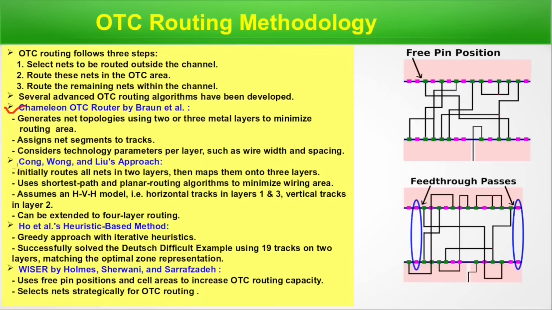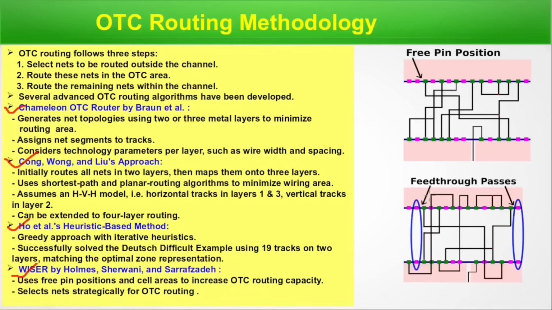It can be extended to 4-layer routing. Another is Ho et al.'s heuristic-based method, a greedy approach with iterative heuristics, which successfully solved a difficult example using 19 tracks on 2 layers, matching the optimal zone representation. And Weiser by Holmes, Sherwani and Sarrafzadeh uses free pin positions and cell areas to increase OTC routing capacity, selecting nets strategically for OTC routing. So these are 4 approaches.